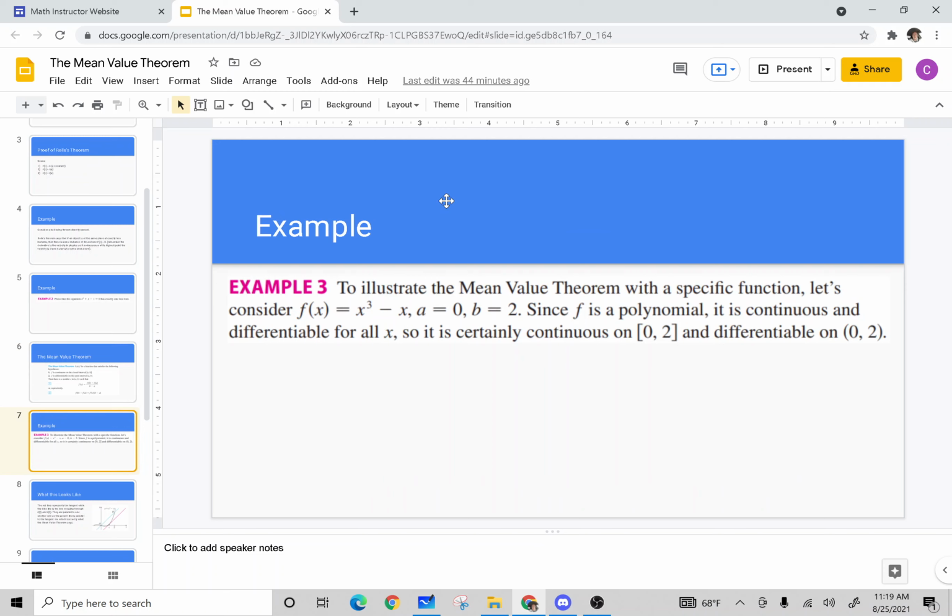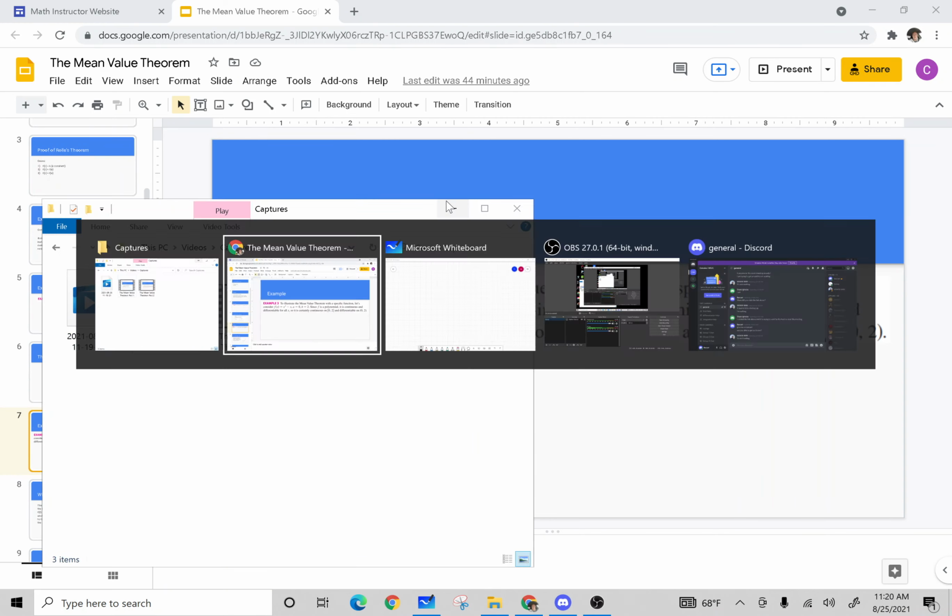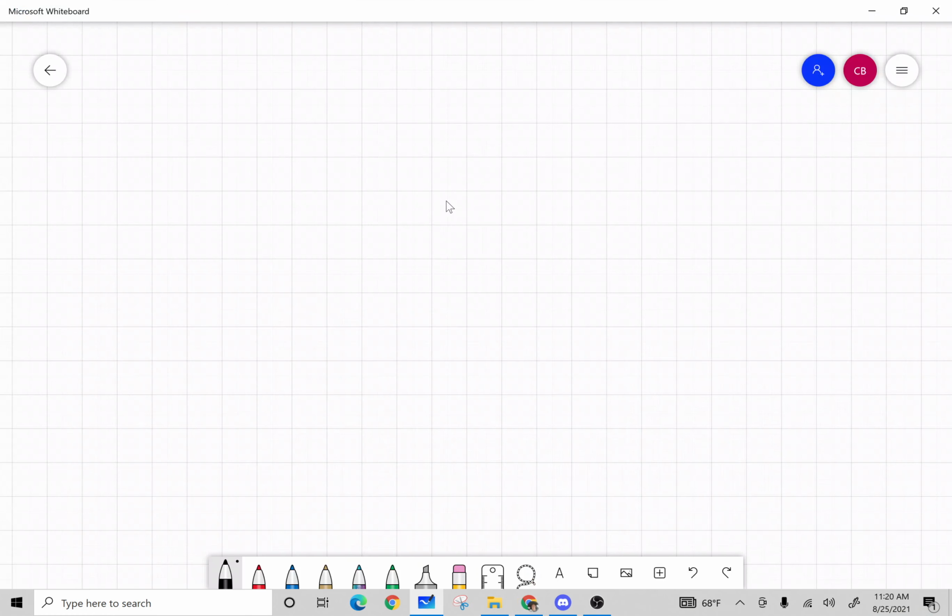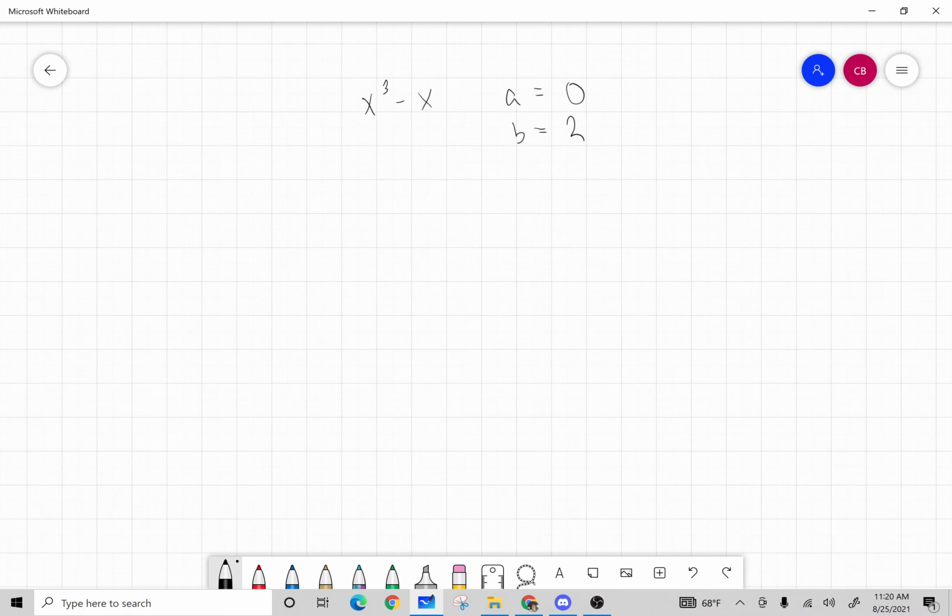So we have the mean value theorem, and let's use it on this equation to figure out what we're looking at. We have f of x is x to the third minus x, a is equal to 0, b is equal to 2, then f prime of x is going to equal 3x squared minus 1. This is f of x.